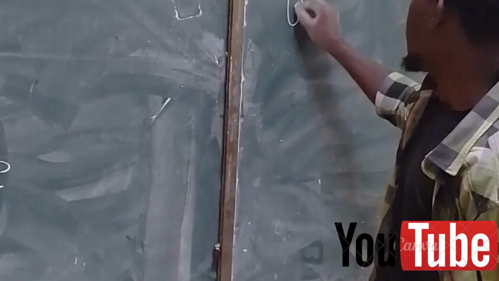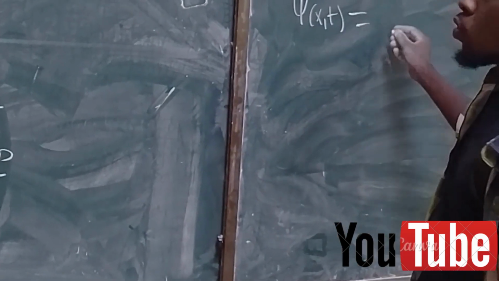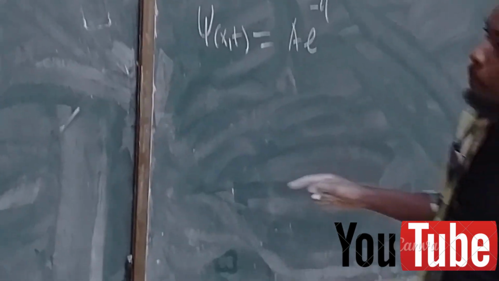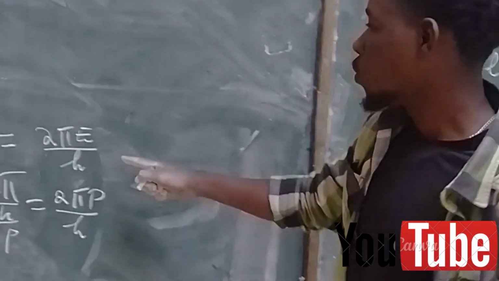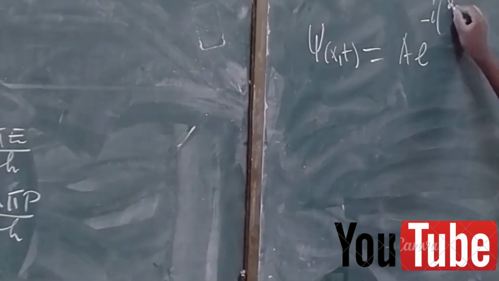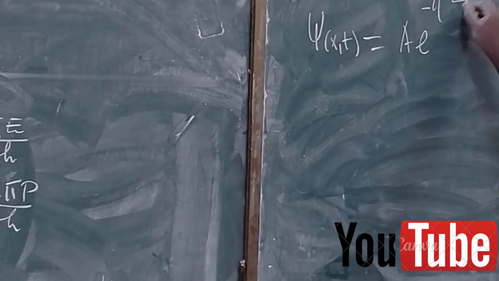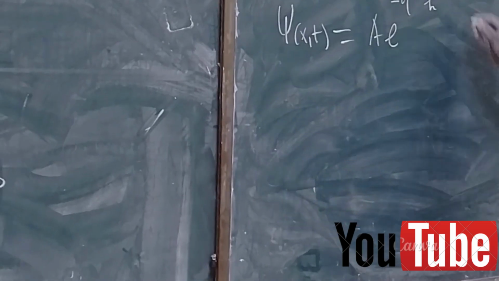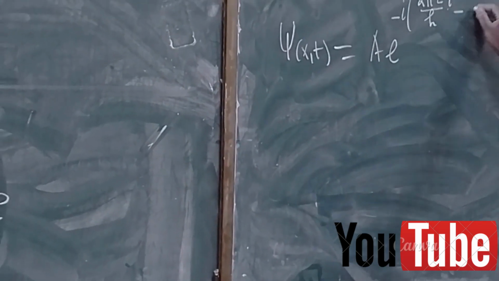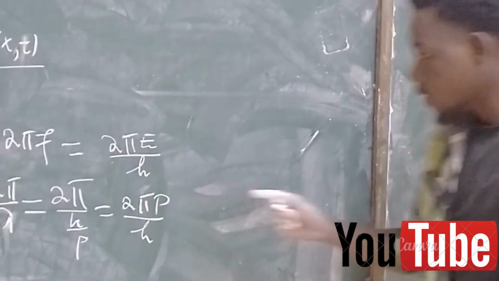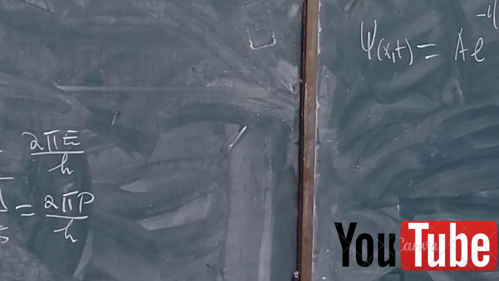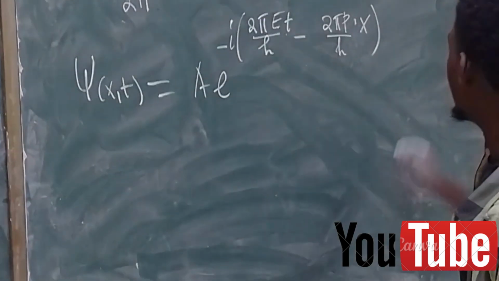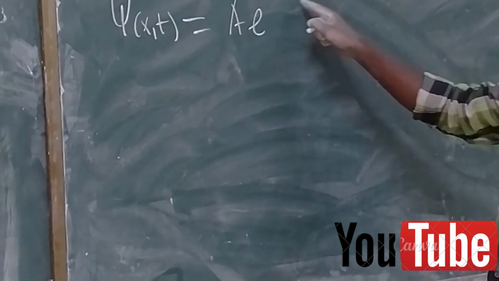So psi as a function of x and t is equal to A e to the minus i, and then omega is equal to 2 pi E over h, times t, minus k, which is equal to 2 pi p over h, times x, and then I'm going to replace h with its value here.